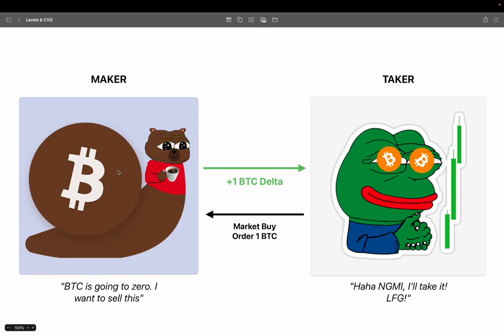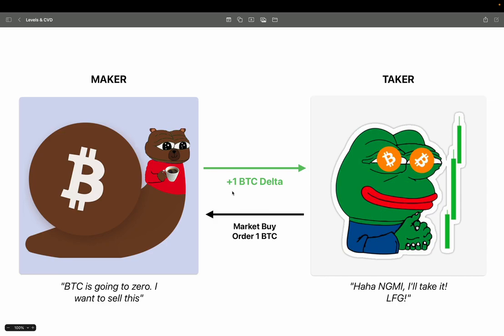So he puts 1 Bitcoin on the order book. He thinks it's going to 0. It's sitting there waiting to be sold. Pepe comes in, of course, as the perma-bull is, and buys that off of Bobo. He comes in and takes it by putting in a market order to buy 1 Bitcoin. That creates 1 positive on the volume delta.